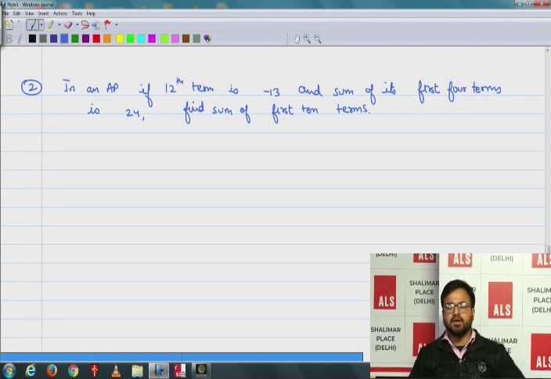In an AP, if 12th term is minus 13 and sum of its first 4 terms is 24, find the sum of first 10 terms.